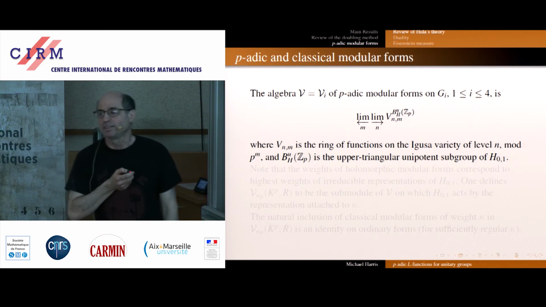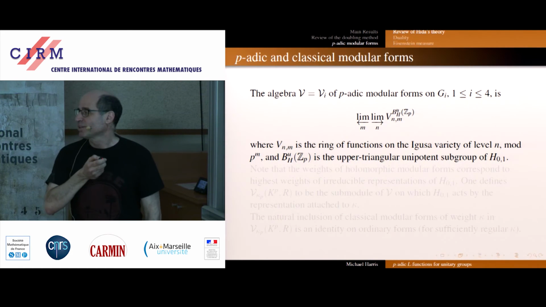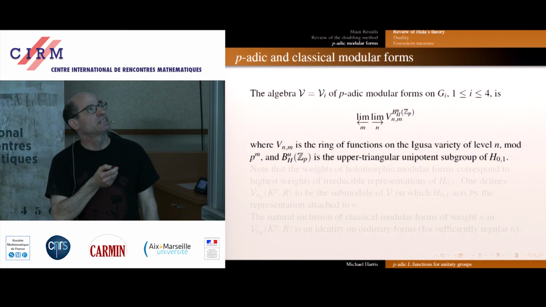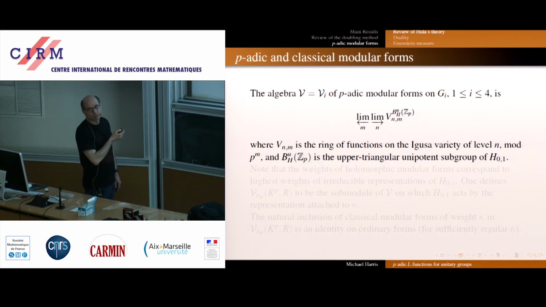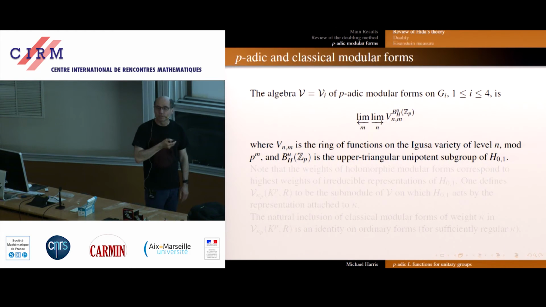But you only look at the part that is, I mean, you don't really need to know this. This is the part that is fixed. This just says that we only keep the highest weight vectors. In some sense, this is Hida's method for turning a representation of some high dimension into a character of a torus.